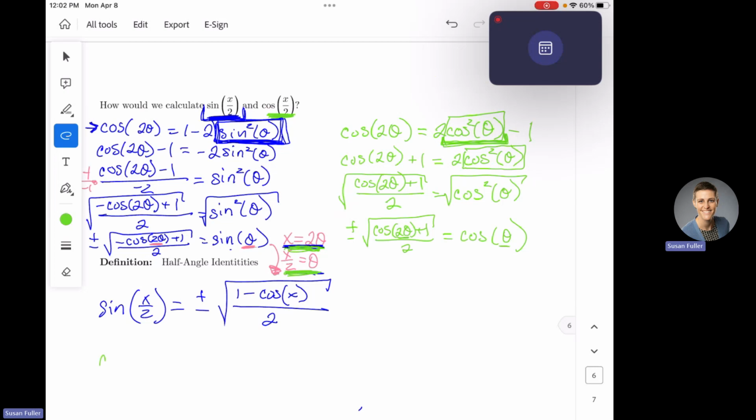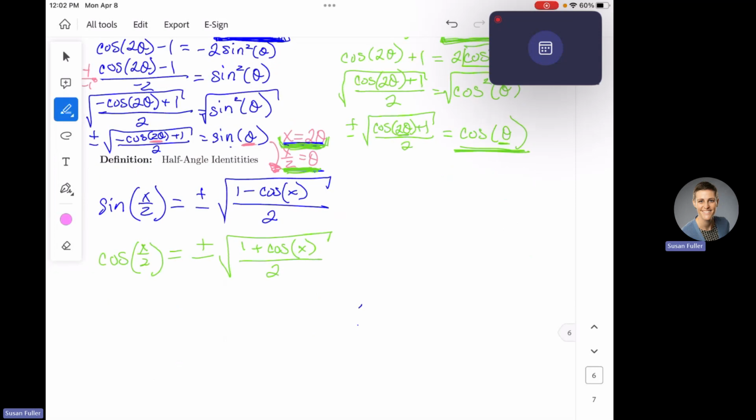And I'm going to get that the cosine, I'm going to start with this side, the cosine of theta, and theta is x over 2, is equal to plus or minus that square root of, again, instead of cosine of 2 theta plus 1, I'm going to write that as 1 plus the cosine of 2 theta. 2 theta here is just x, so I'm going to put an x in there instead, divided by 2. And that is our half angle identity for cosine. Just wanted to show you that.